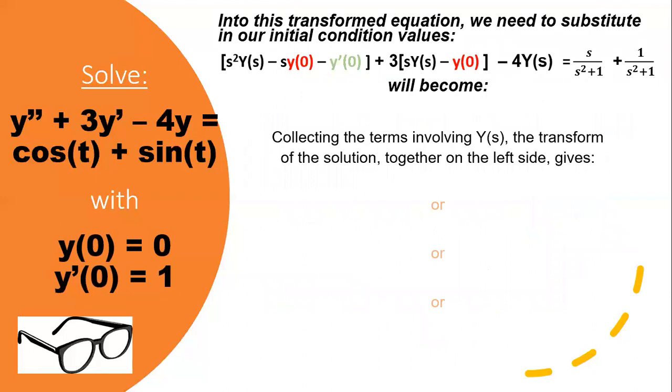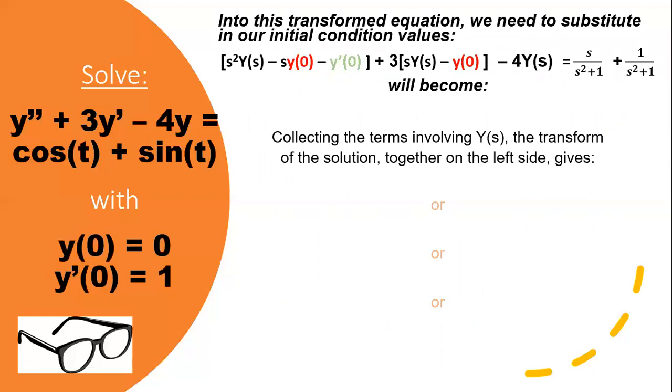We notice that on the left-hand side, there are several pieces that involve our initial conditions. There are two pieces that involve y evaluated at 0. We see those in red at the left. But remember that our initial condition said that y of 0 was 0. So those pieces are just going to be eliminated and vanish from the left-hand side.